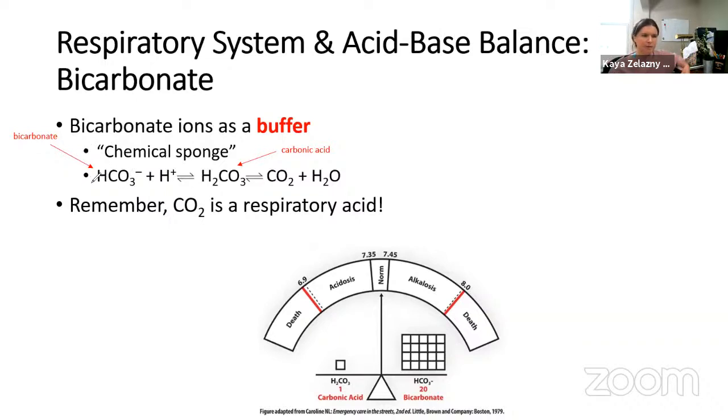They act as a chemical sponge using this equation that we actually kind of saw before, right? So a bicarbonate ion plus a hydrogen ion form carbonic acid. And carbonic acid can also dissociate into CO2 and water.